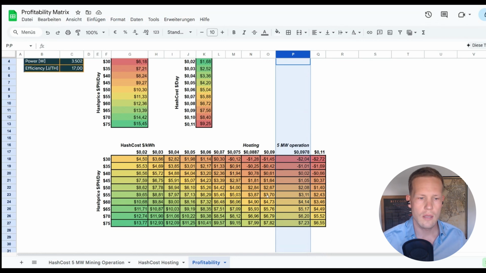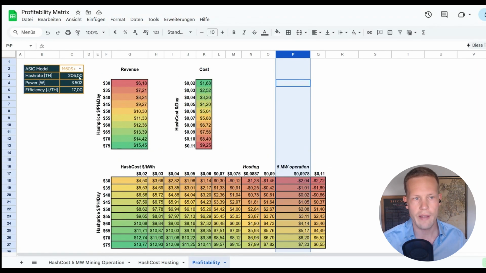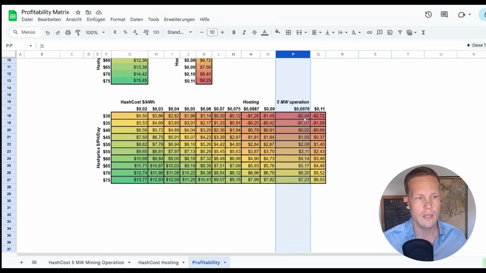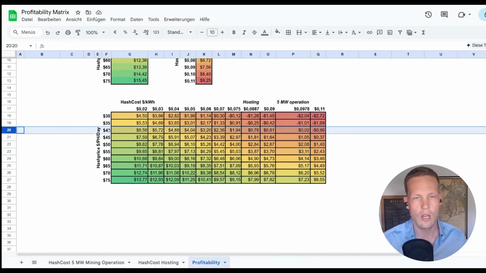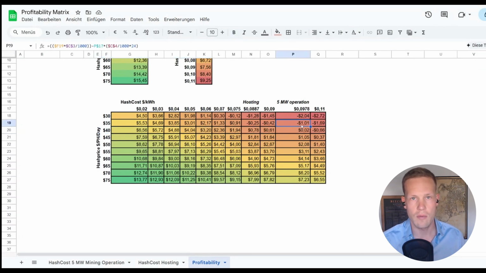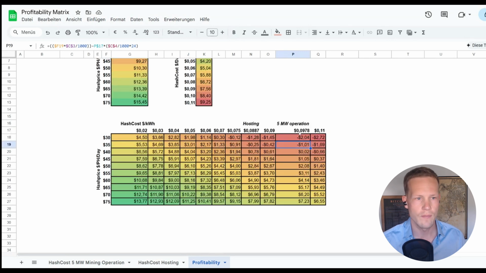So this now tells us, hey, if we run on average 5 megawatts of M60s in our 5 megawatt operation, then our break-even point is right around that $40 hash price mark. If hash price falls below 40, now we're in the red zone, minus $1, right?